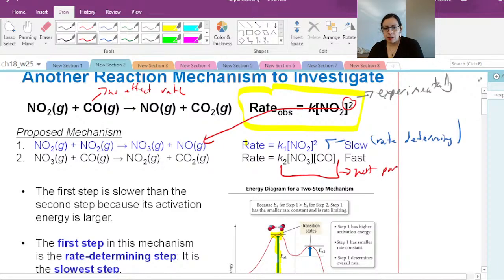So that just means it's fast. It's not dependent on the concentration of either one of those, because this step is our limiting one, so it's really dependent upon our NO2 concentration.